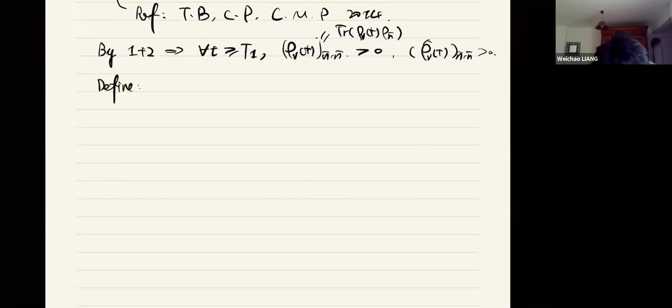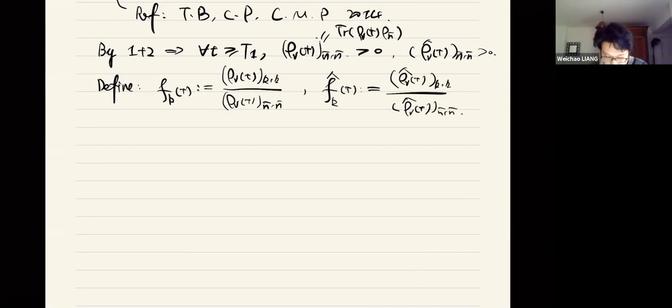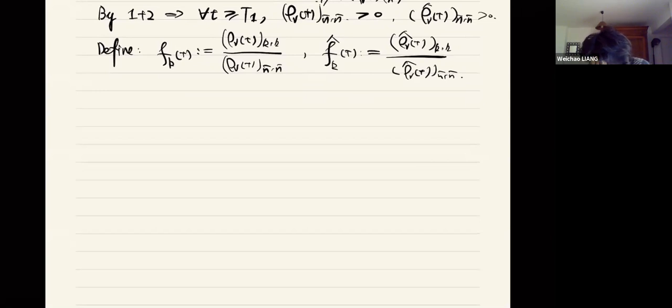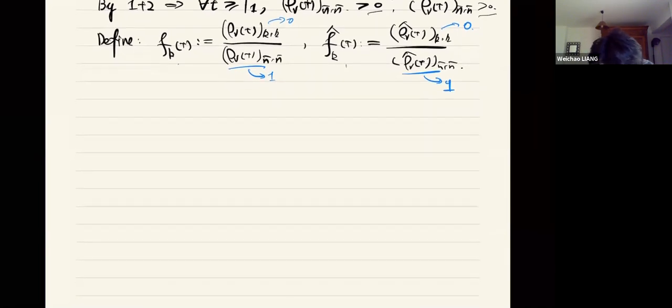Then we define the F K T and the rho v T K over rho v T n-bar, and we define the F hat K T and the rho v T hat K over rho v T hat n-bar. If our solution of the coupled system converges to the target state, this part converges to 1 and this part converges to 0. And we already saw that after time T1 it is always positive, so these two functions are well defined.